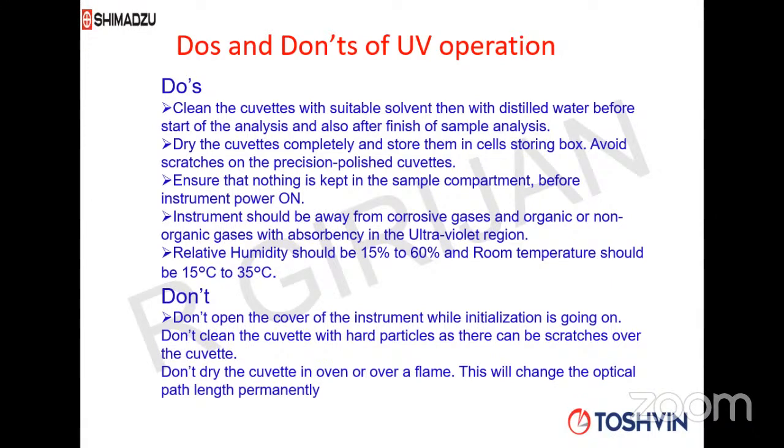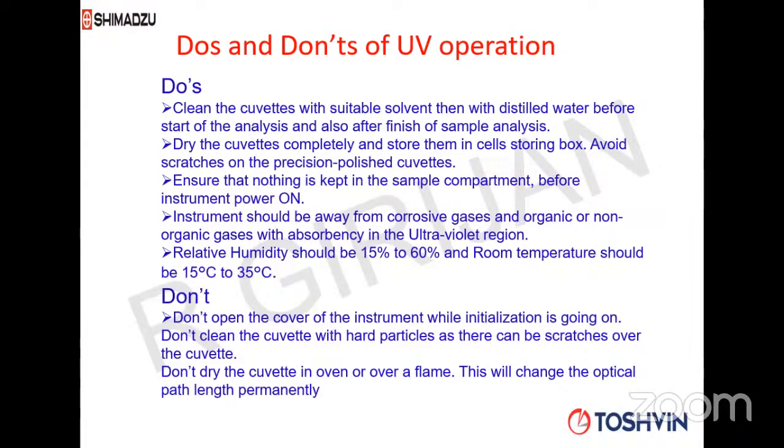And when you are taking the solution inside the cuvette, don't fill the cuvette totally. It will start overflowing. And then I have seen people cleaning the sides of the cuvette with a lab apron, a lab coat. And a lab coat is made of cotton. When you are rubbing the polished sides of a cuvette with a lab coat, you are actually creating small, minute scratches on the surface.